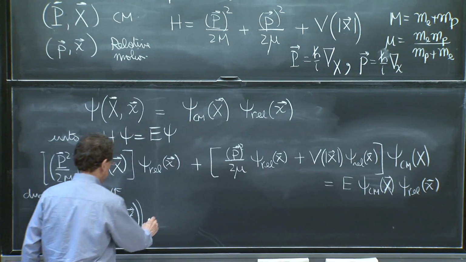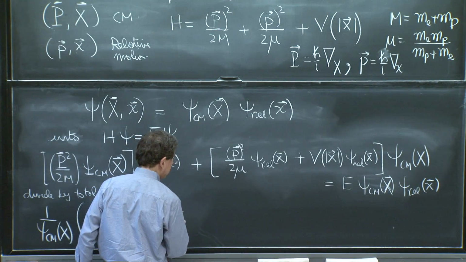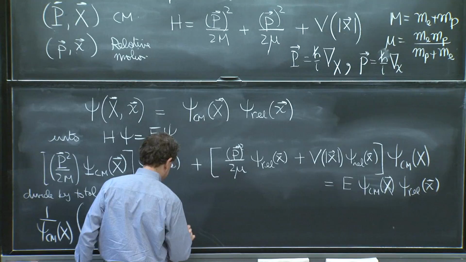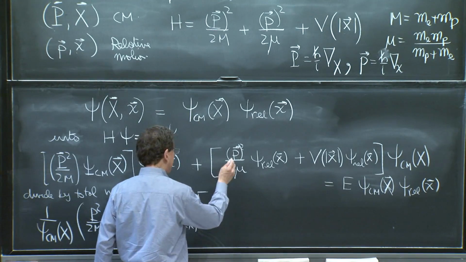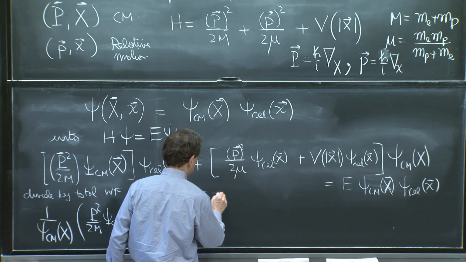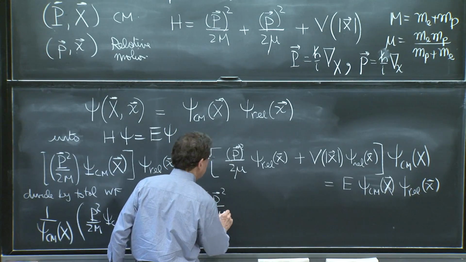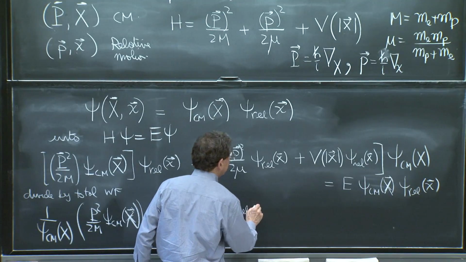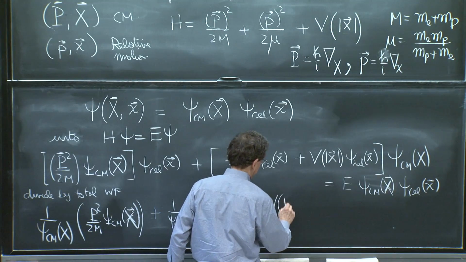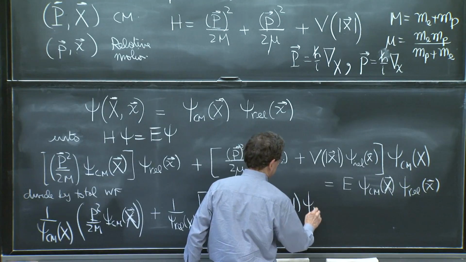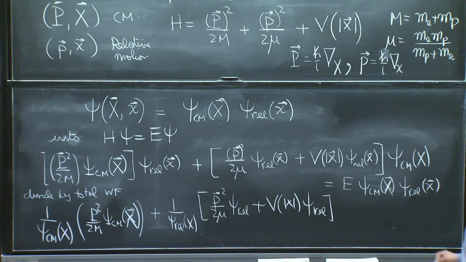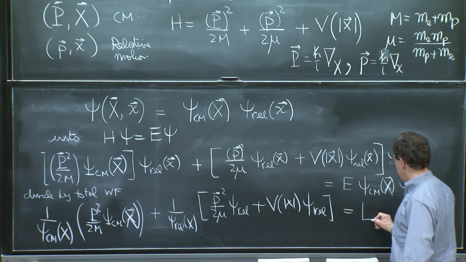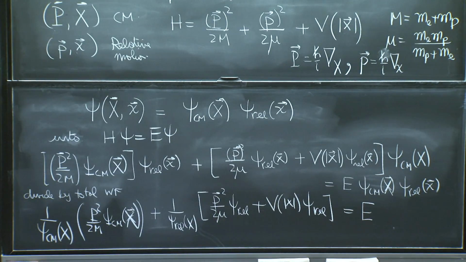From the second, you get plus 1 over psi relative of x times this whole bracket, p squared over 2 mu psi relative plus V of x psi relative, and the whole thing being equal to E. The two wave functions are divided there.